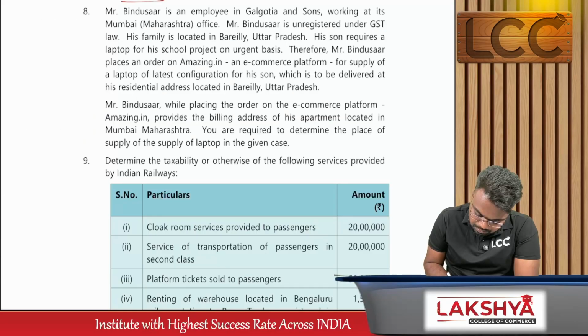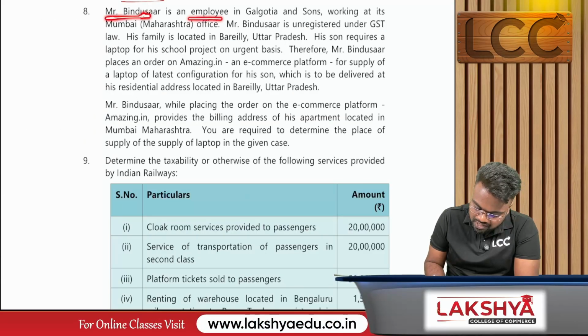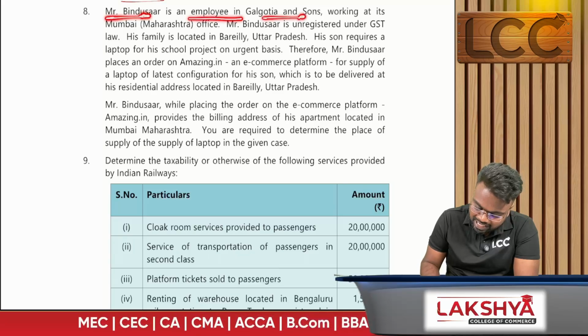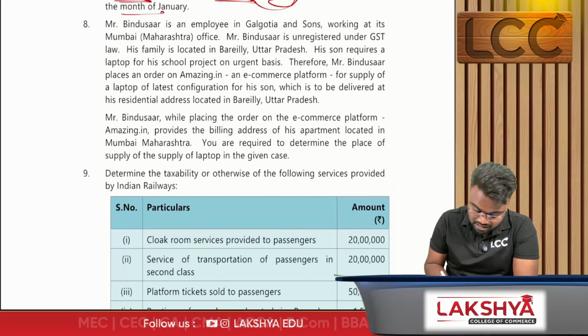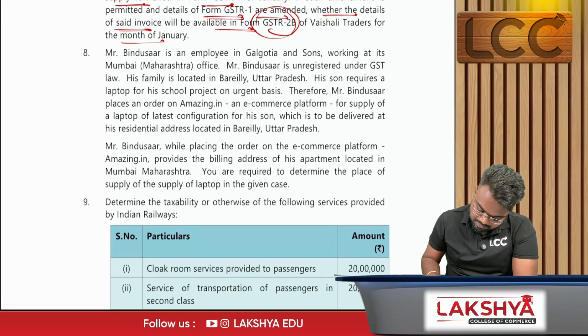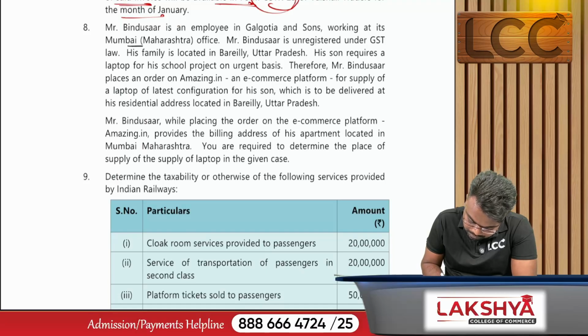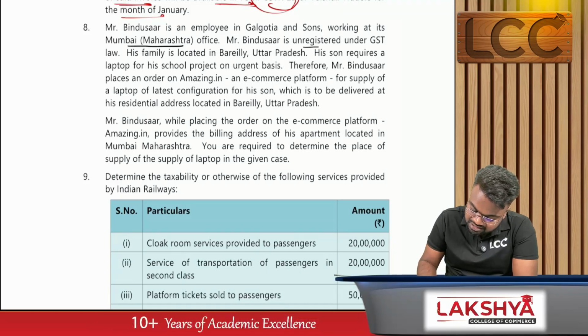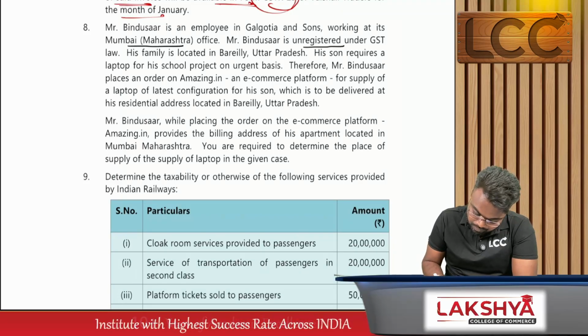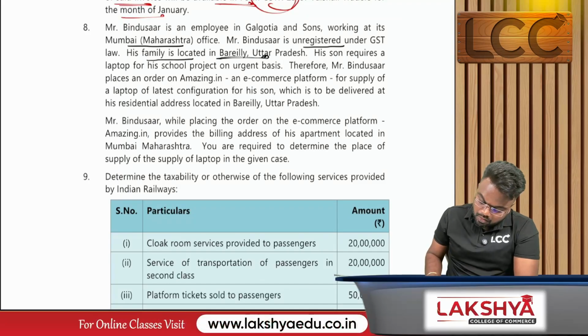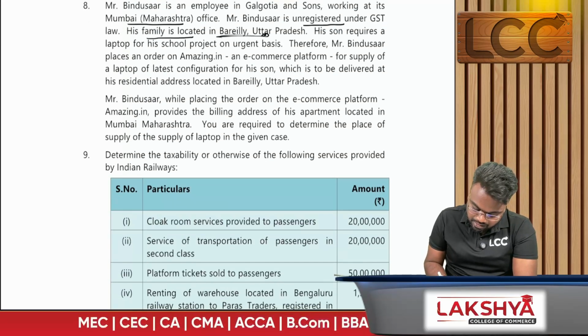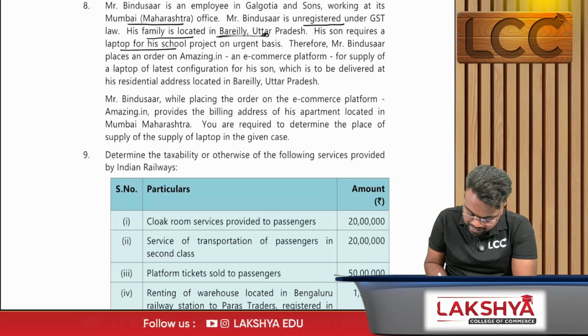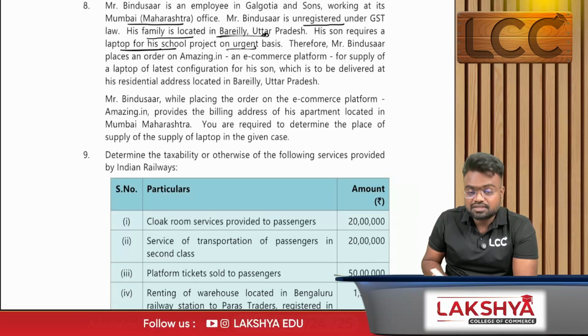Okay, next. Mr. Bindusar is an employee in Galgotia and Sons working at its Mumbai office. He is unregistered under GST. His family is located in Bareilly, Uttar Pradesh. His son requires a laptop for his school project on an urgent basis.